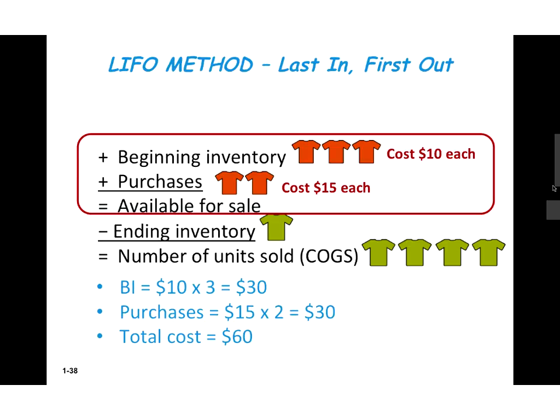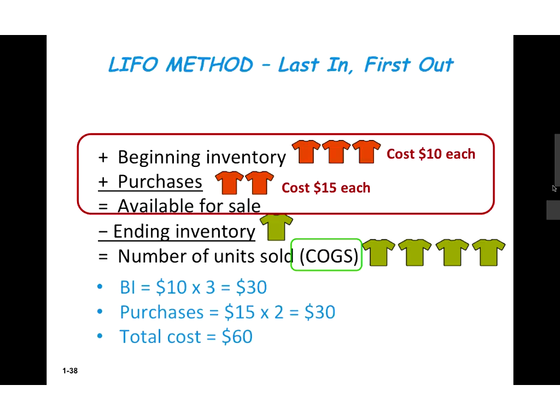So it doesn't necessarily refer to how we sell our products. This is the consistent assumption that the company uses. So LIFO, last in, first out, means our most recent units are the ones we sell first. So our ending inventory is our earliest unit. So it's kind of opposite. It is opposite of FIFO.